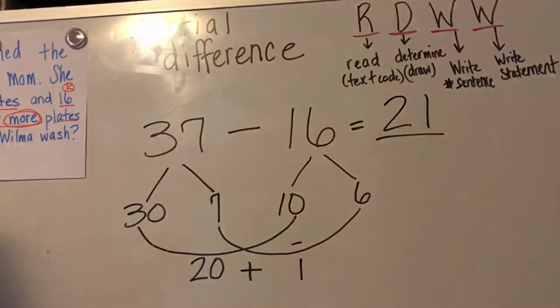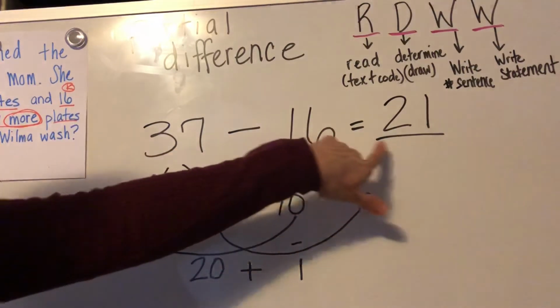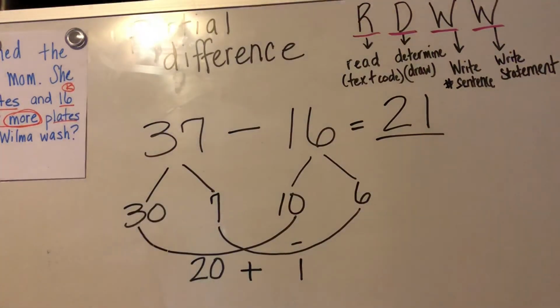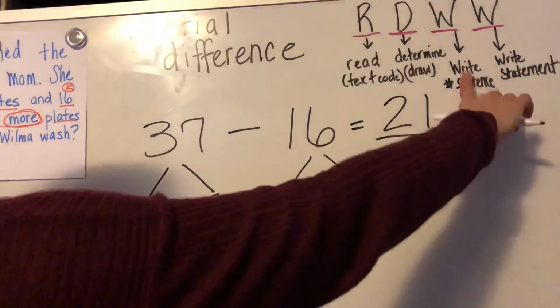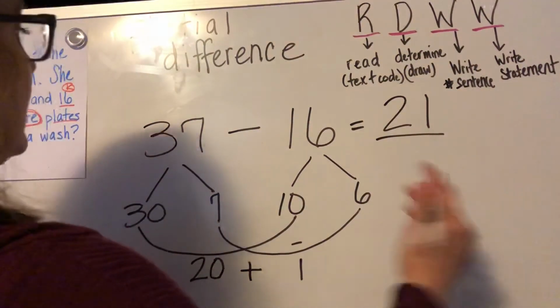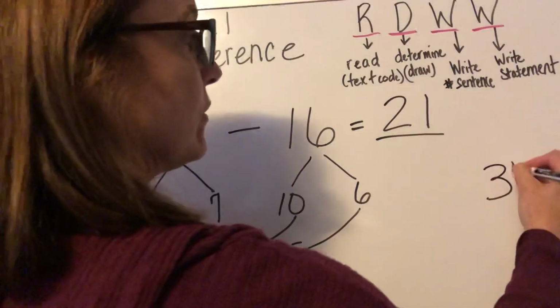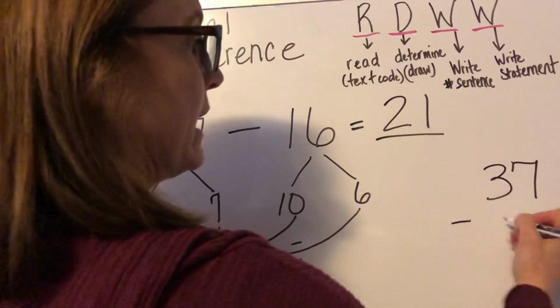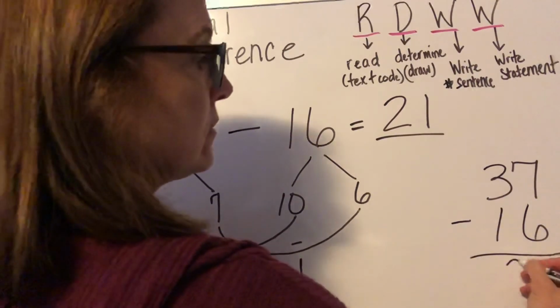So 37 minus 16 equals 21. And this is a number sentence. If I wanted to write it vertically instead of horizontally, I could also put it here: 37 minus 16 equals 21.